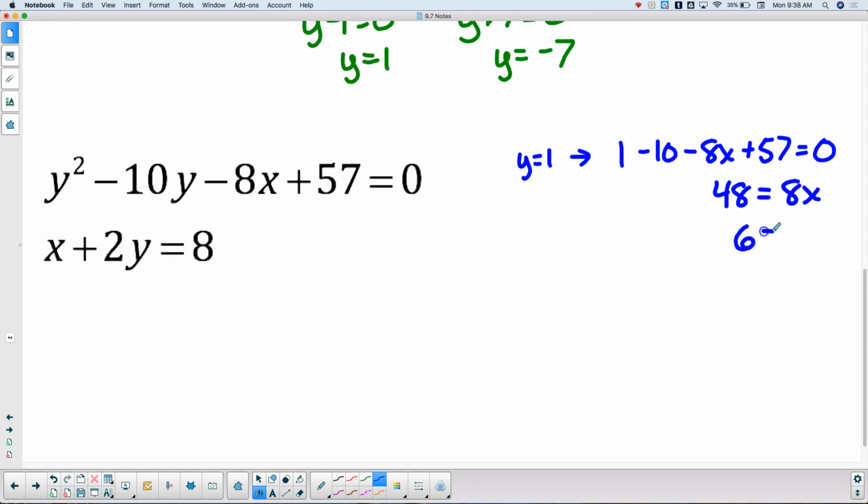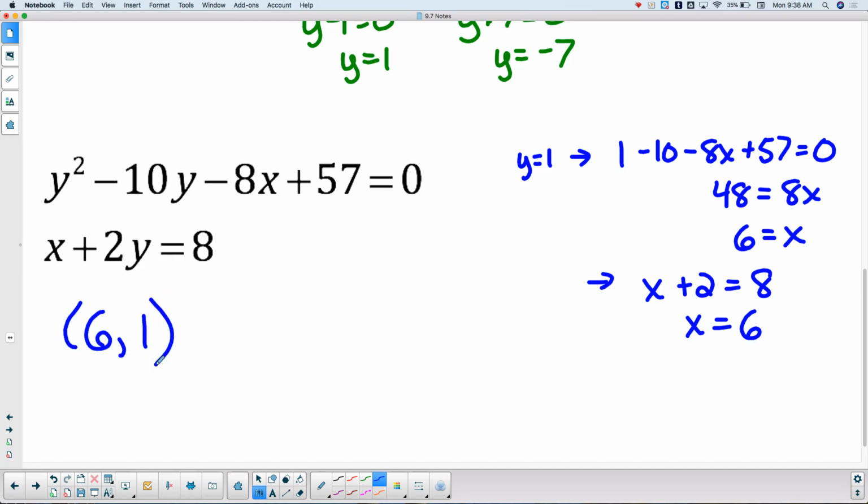So I get 6 is x. On the other one, I would get x plus 2 equals 8. x equals 6. So my potential out of that one is the point 6, comma 1. Yes? Okay.